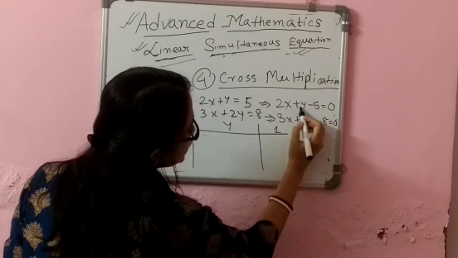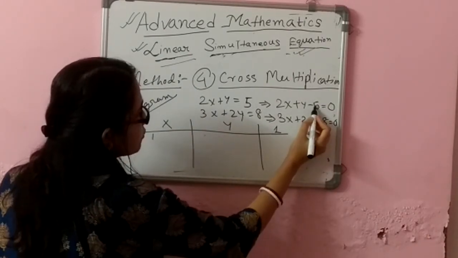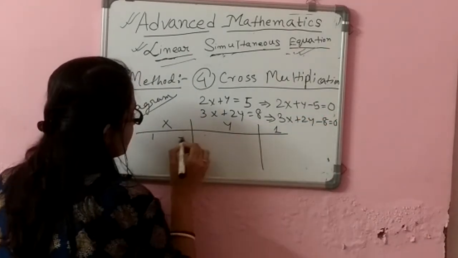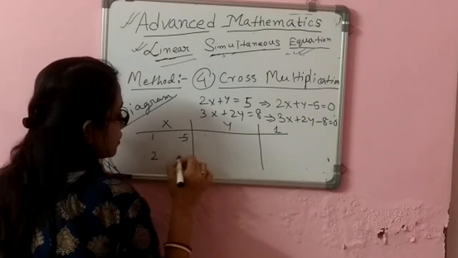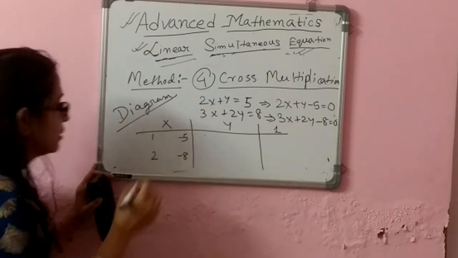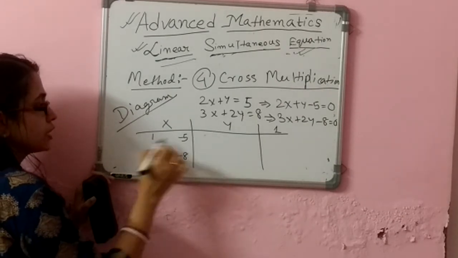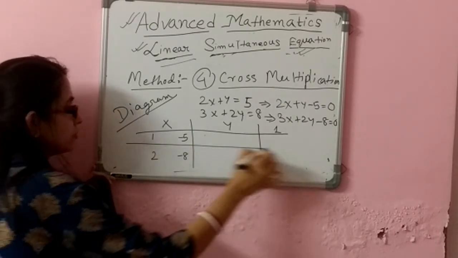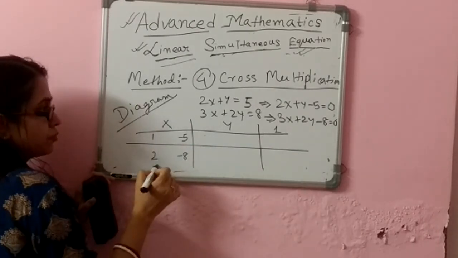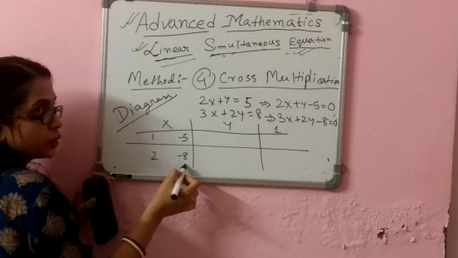What is the coefficient of y? 1. What is the constant here? Minus 5. Fine. This is the coefficient of y and the constant for equation 1, and this is the coefficient of y and the constant for equation 2.